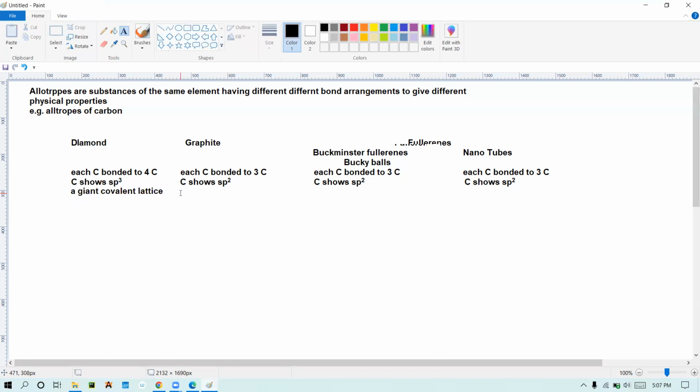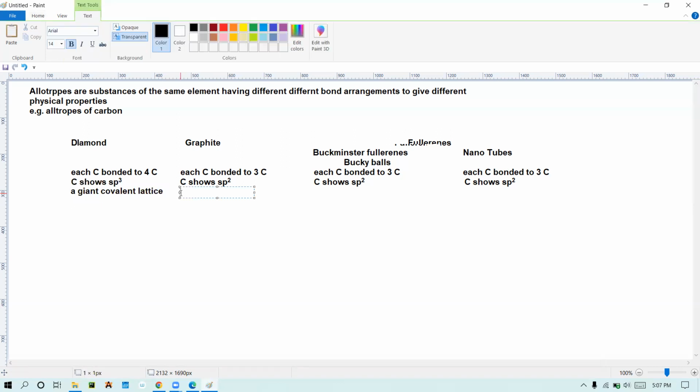Even graphite is a giant covalent lattice.